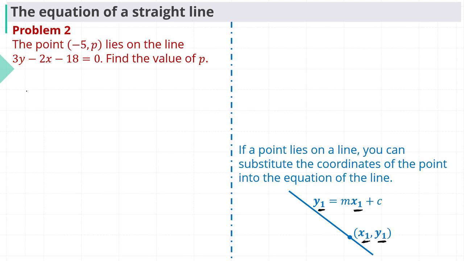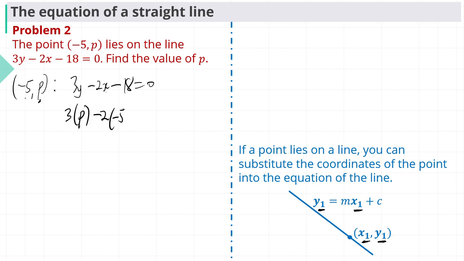We are told that the point (minus 5, p) lies on the line 3y minus 2s minus 18 equals 0. Find the value of p. We are substituting a point into the equation of the line. In place of y, we substitute the y coordinate p. In place of s, we substitute the s coordinate minus 5.